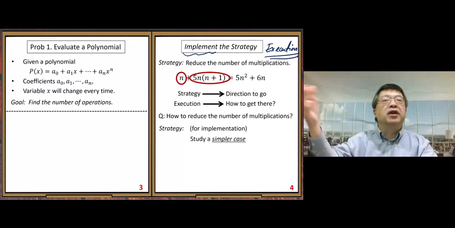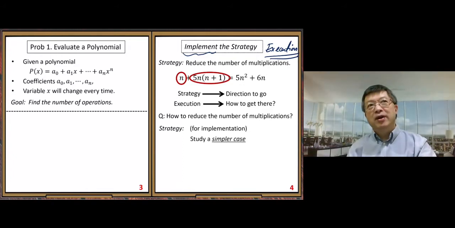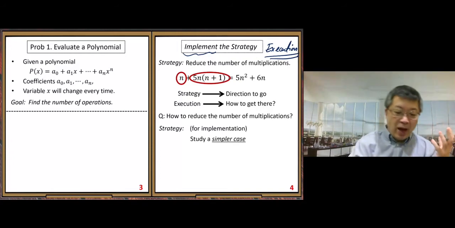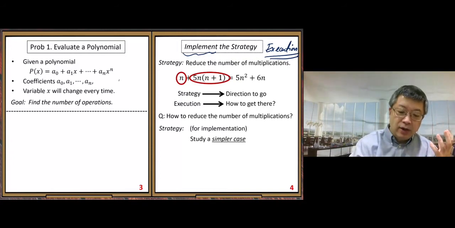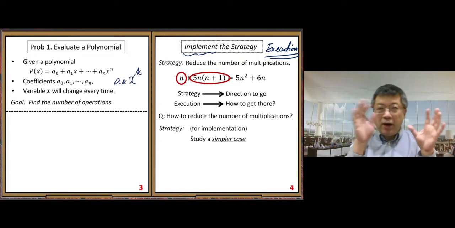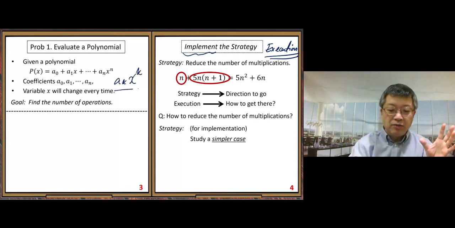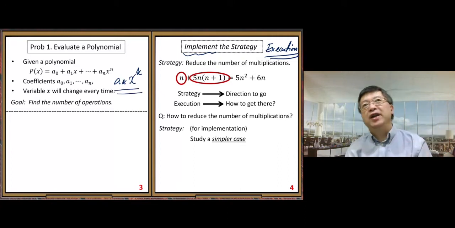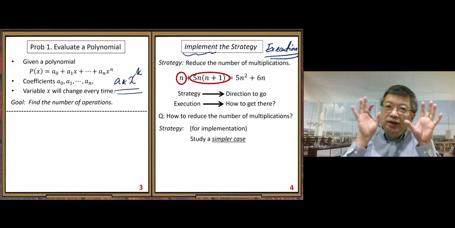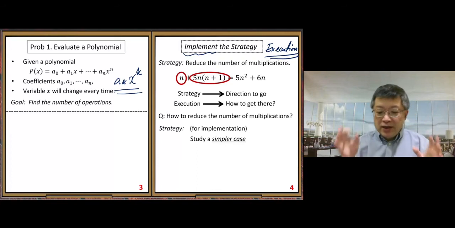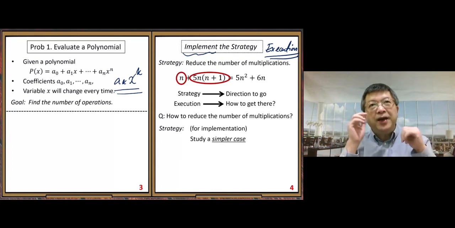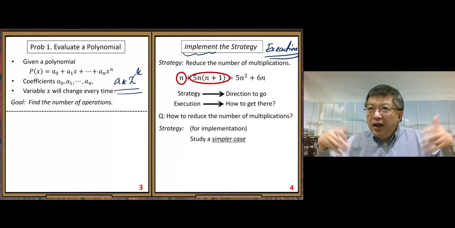Study a simpler case. Remember, when we count the number of general terms, a_k times x to the kth power, we work on some simple cases, right? Here, we do the same thing. Study a simpler case to give us some idea.